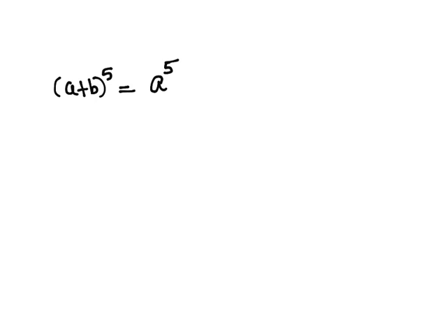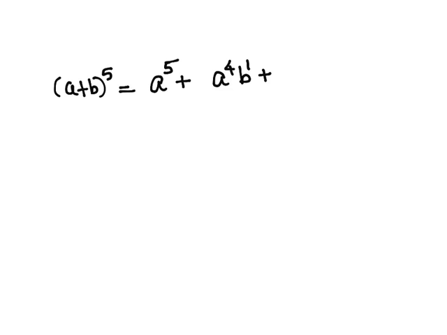Okay, so what will be the second term? As we saw, the power of a reduces by 1, so a power 4. Now we also saw that the power of b increases by 1. In the first term there is no b, so here there will be b power 1. And as you can see, the powers of the variables, 4 and 1, add up to 5.